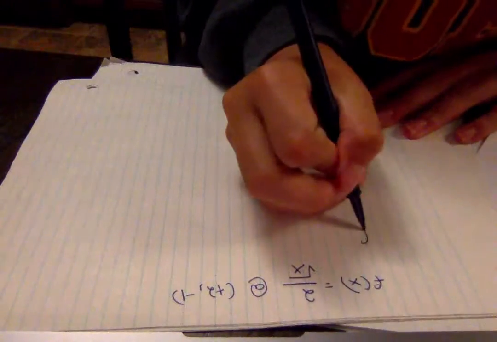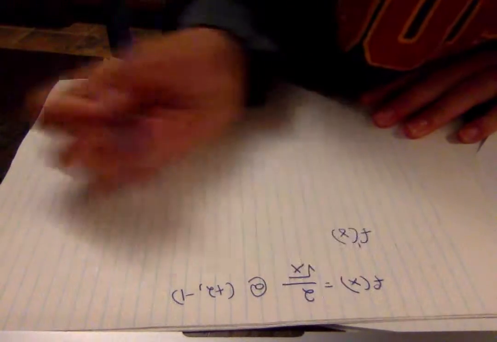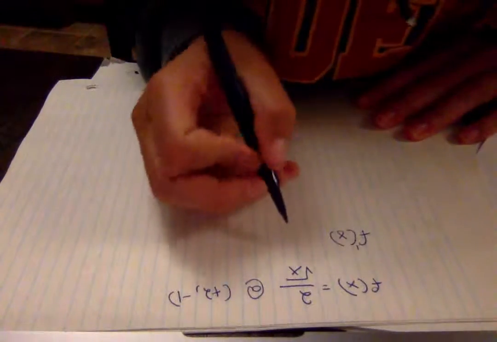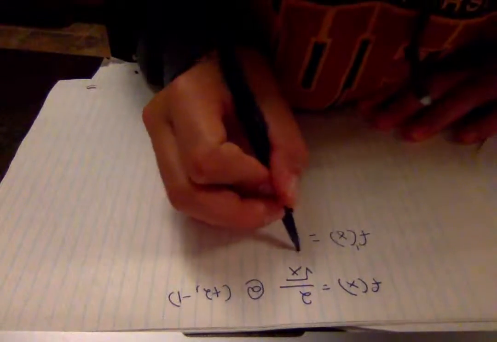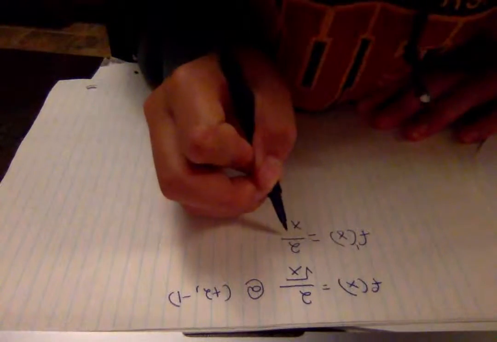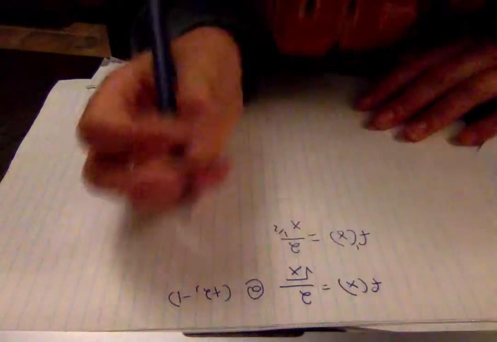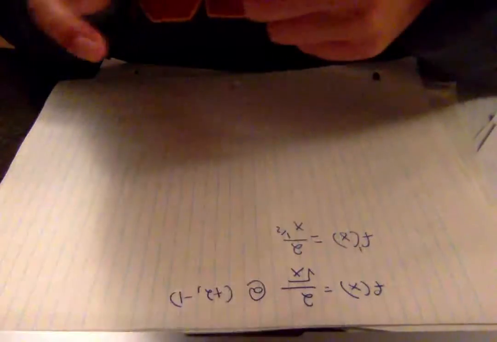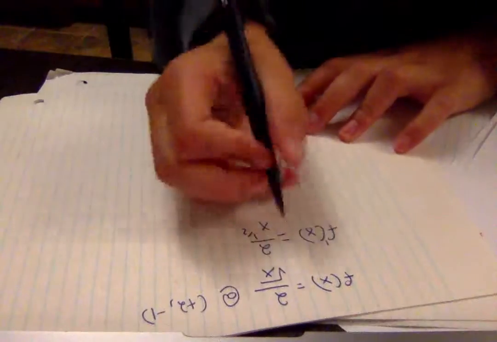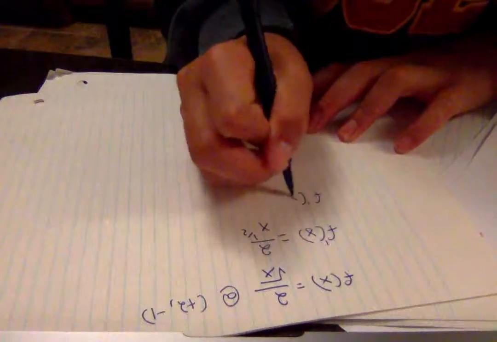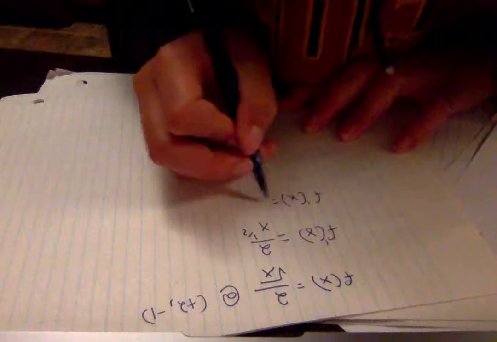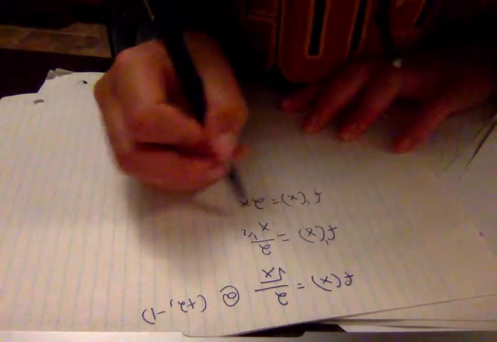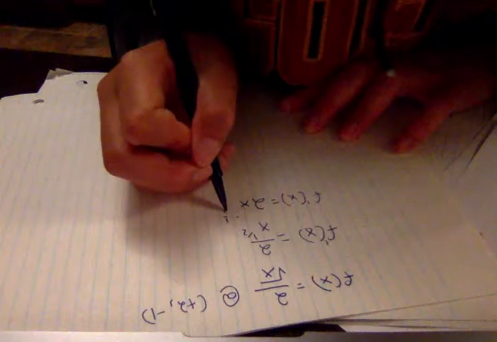Then first we're going to take the derivative again. Forgot to write it. So this becomes 2 over x to the power of 1/2. And then next, we're going to change this into f prime equals 2x to the power of -1/2, just to simplify it a bit more.